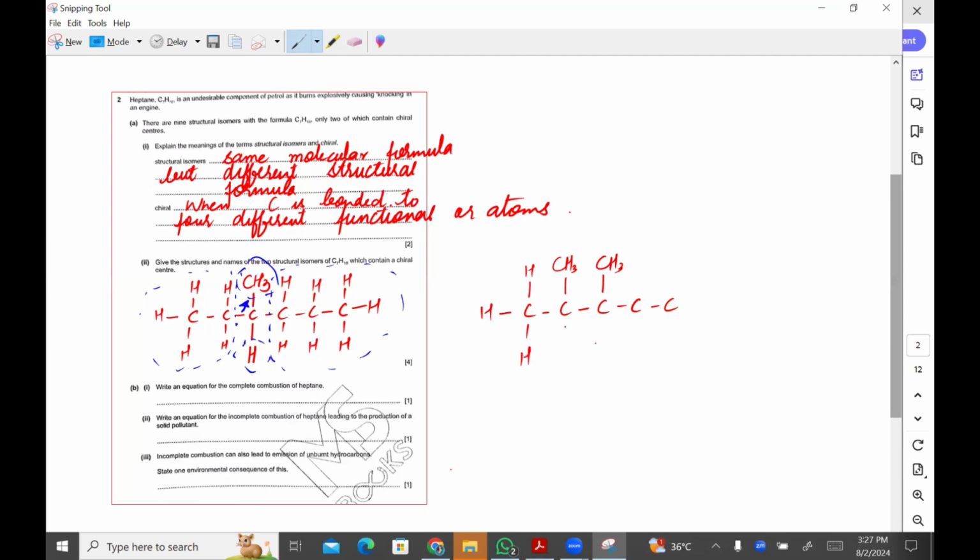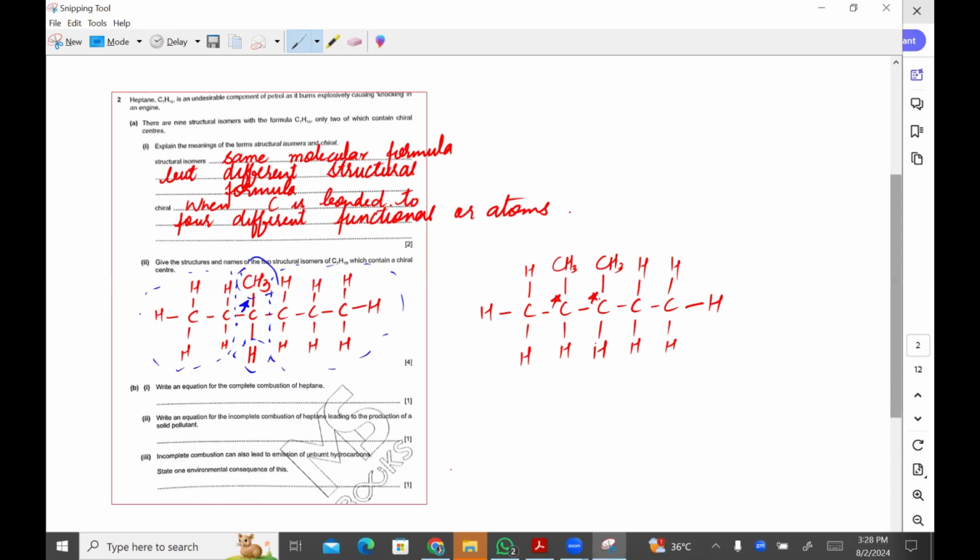Now we are also going to have chiral carbons. Do you think this one is chiral? Yes, it is, and I think the third one as well is a chiral carbon. Yes, this one is also chiral.